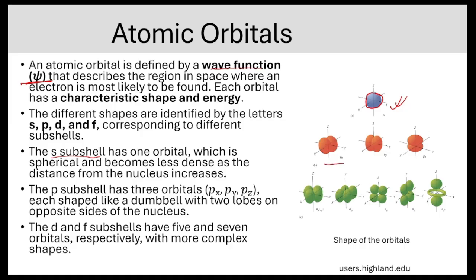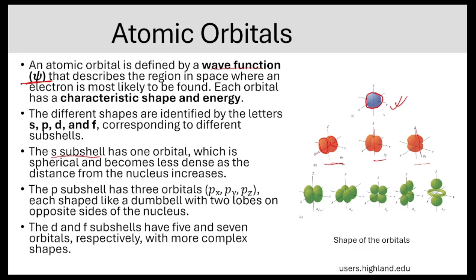We have the px orbital, py orbital, and pz orbital. We can see the shape of these orbitals looks like a dumbbell, but for px it's oriented in the x direction, py in the y direction, and pz in the z direction.